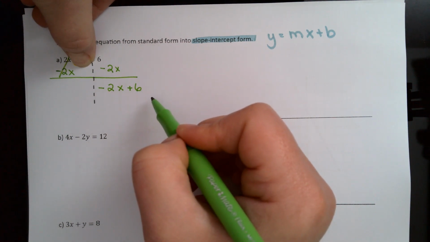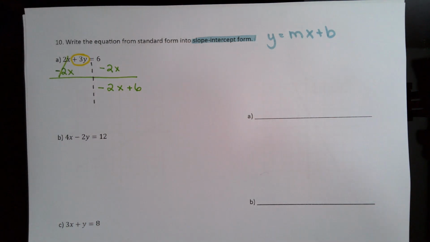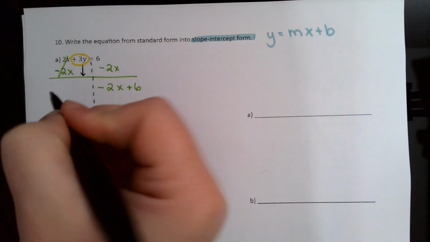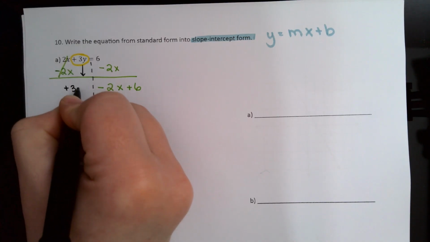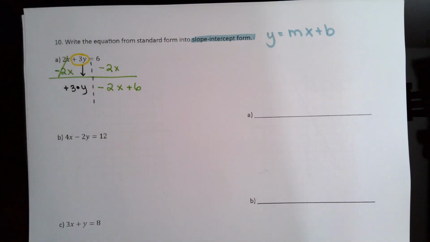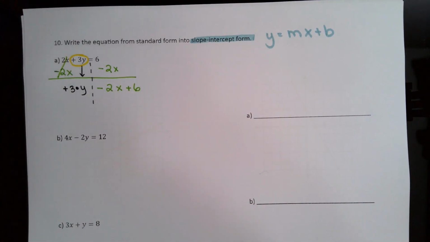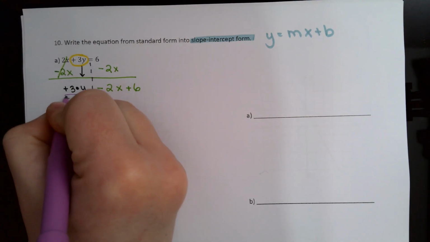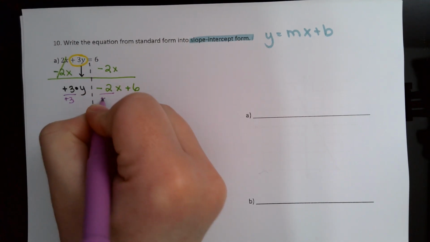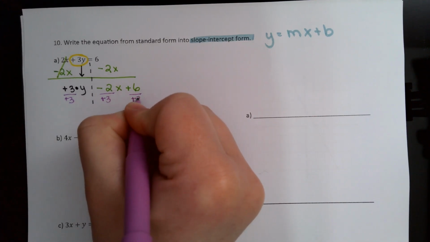Don't change anything. Next, bring down the positive 3y. When you do that, you're going to put in your little multiplication symbol. And then the next step is you're going to divide every single thing by that number. So our number is a positive 3.